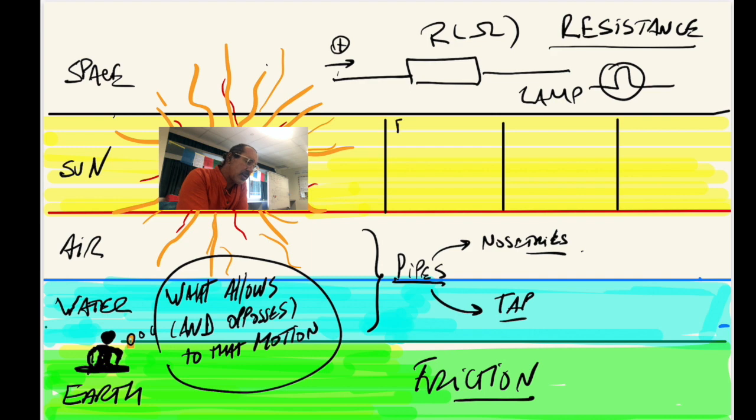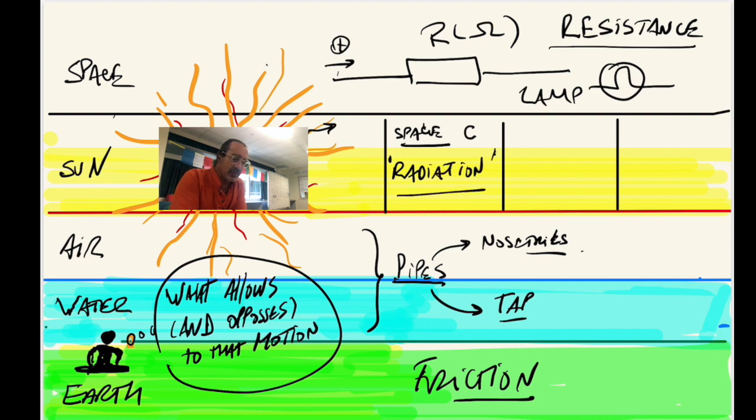Let's go through space first. If it's going through space, there is nothing, right? There are just rays of light traveling through space at the speed of light. We call that radiation. So transfer of heat through space is what we call radiation.